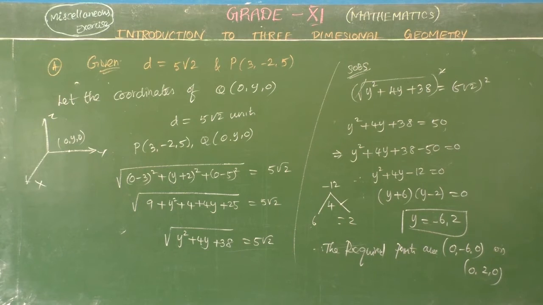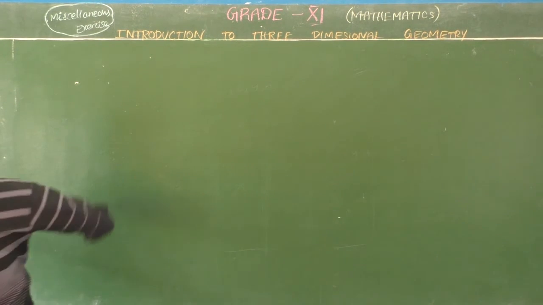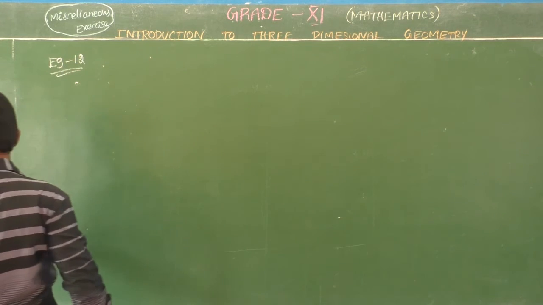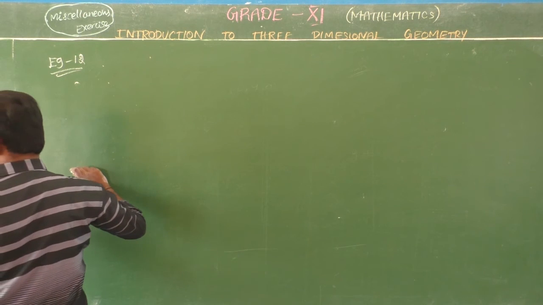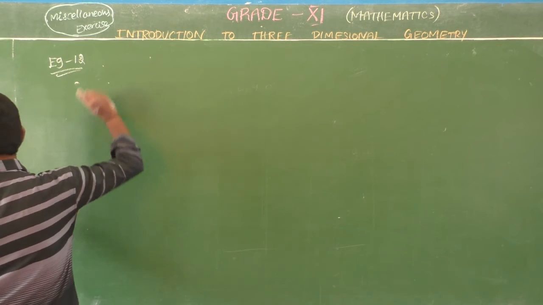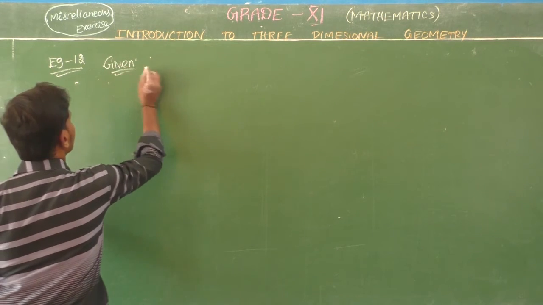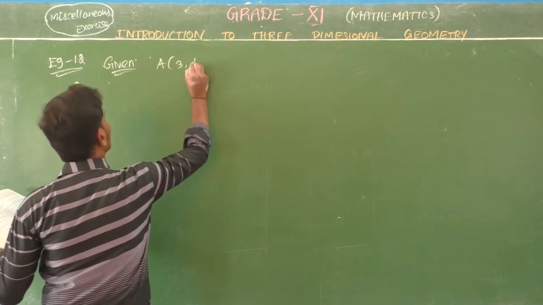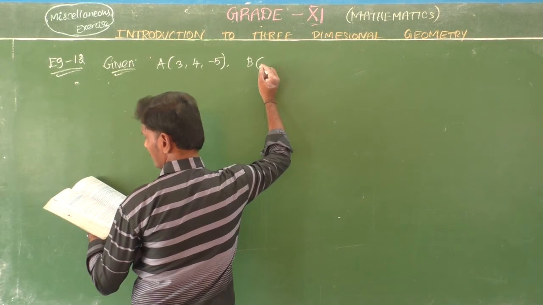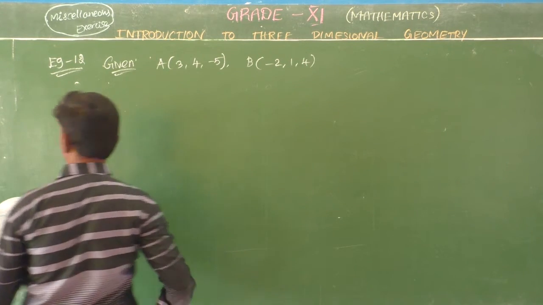Okay. Next question, example 12. Example 12 is very simple. Find the equation of the set of points P such that its distance from A, which is 3 comma 4 comma minus 5, and B, which is minus 2 comma 1 comma 4, are equal.